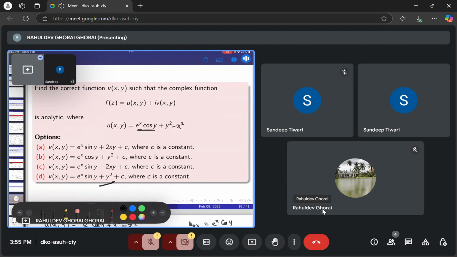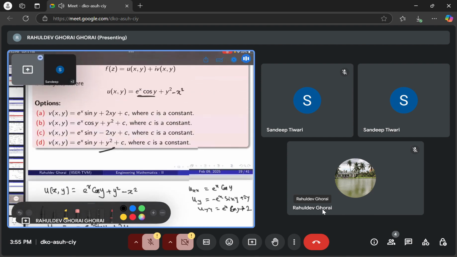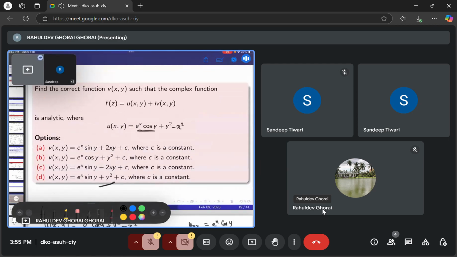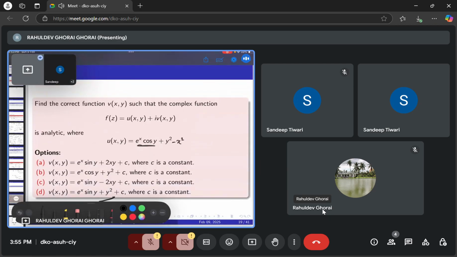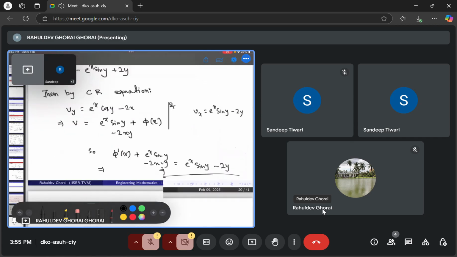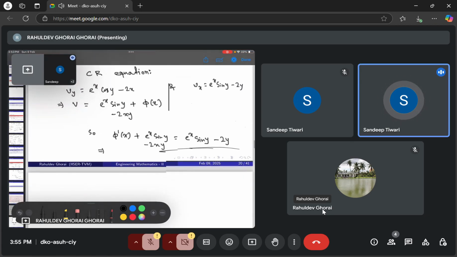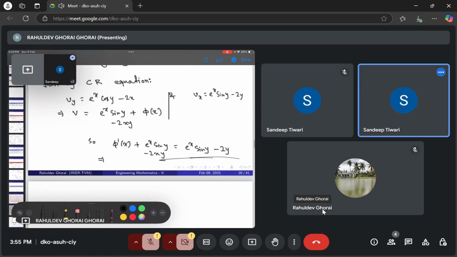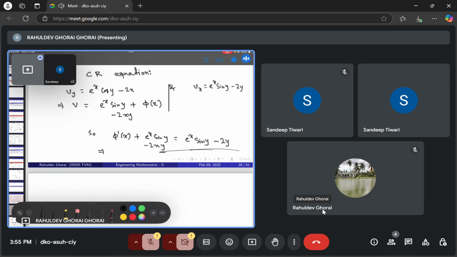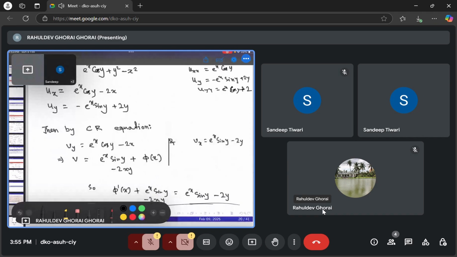If you start with a harmonic function, will that have this? You can make the function analytic. That is one question. I think, sir, this is an if and only if condition. Now, why are you not getting it here? So that's a big question now, right?